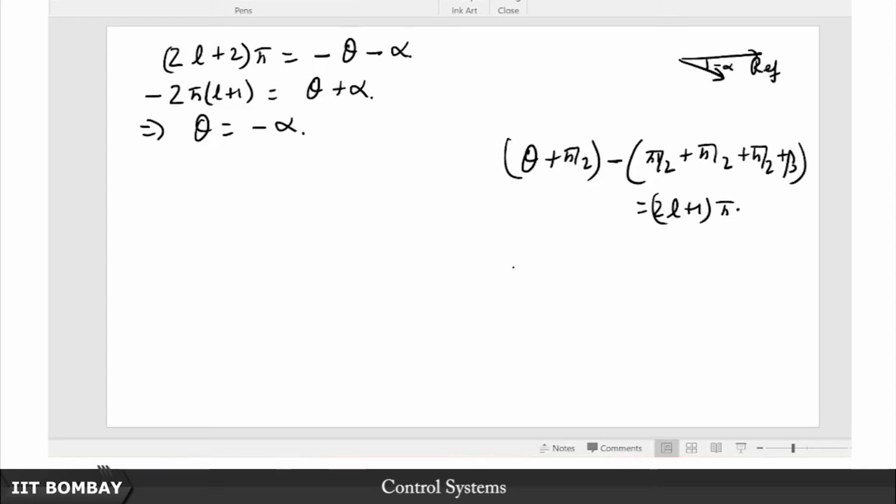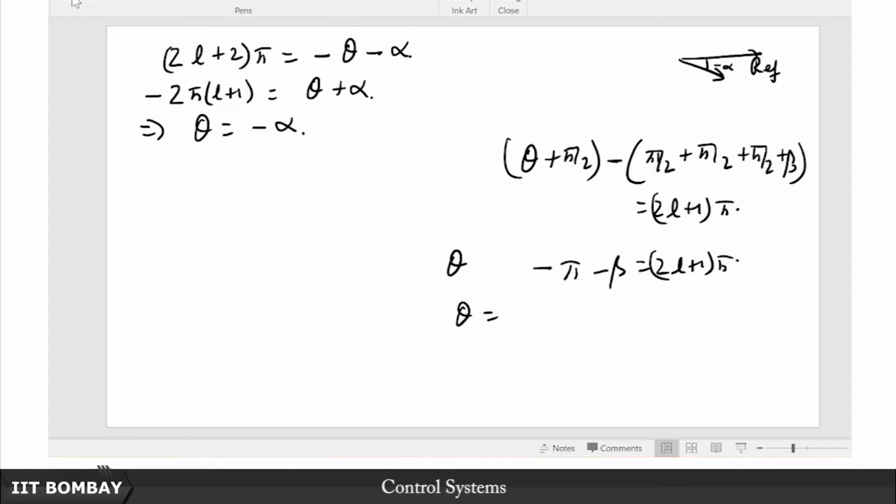So what does this give me? This gives me that theta plus pi by 2 minus pi minus beta is equal to 2l plus 1 pi. So that gives me theta is equal to, of course, this pi by 2 will cancel out already, so I am not going to write this again. One pi by 2 is cancelled out from one pi by 2 here, and you have just pi remaining here, so minus pi.